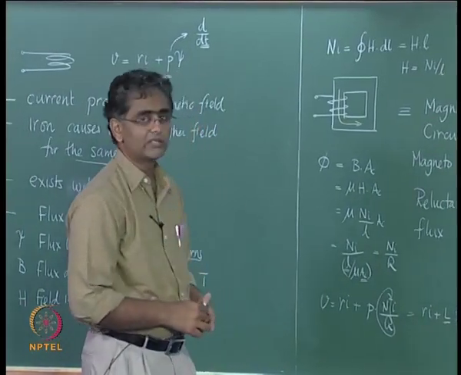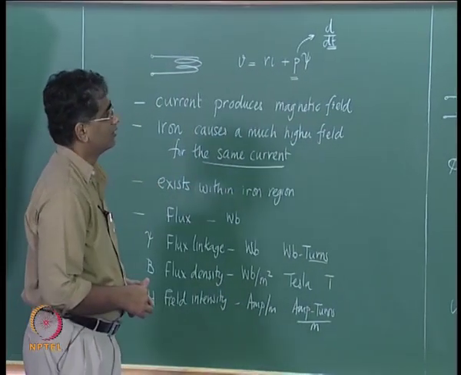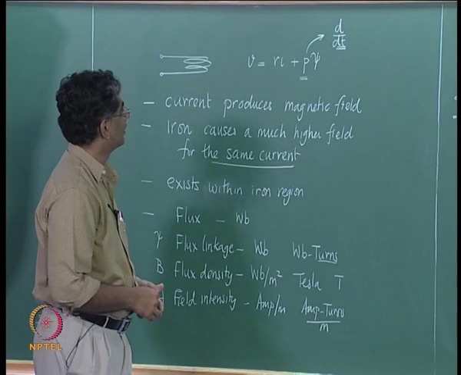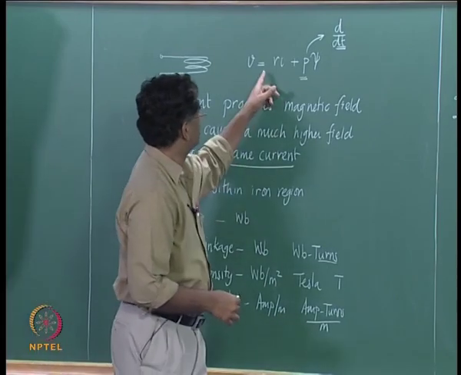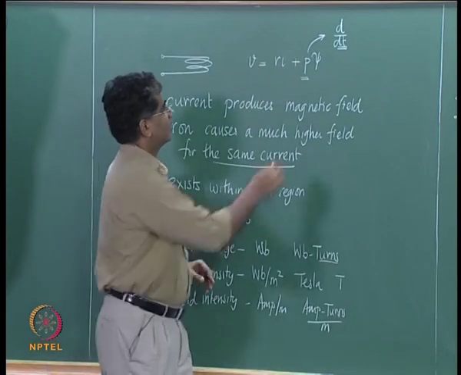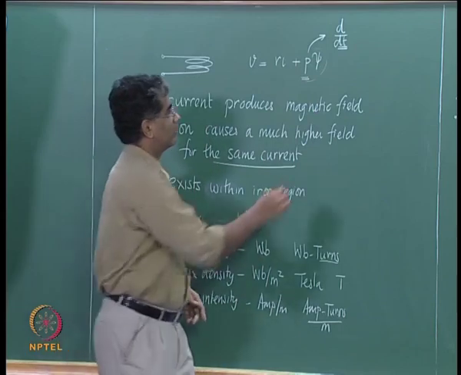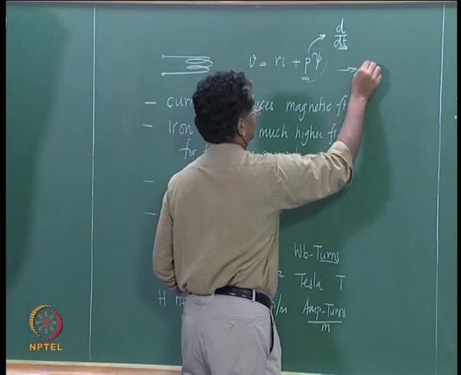It is good to address another issue here. Some of you may already be looking at that. This expression V equals Ri plus P psi, this d by dt of psi, is an expression of Faraday's law.